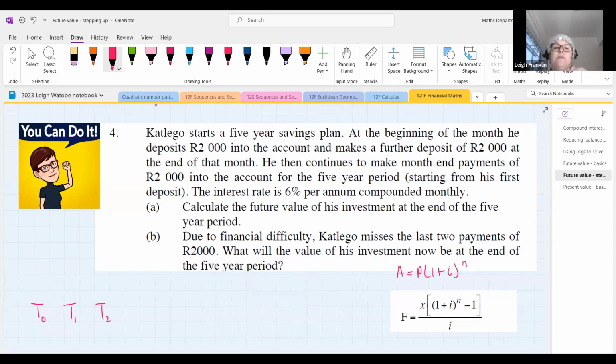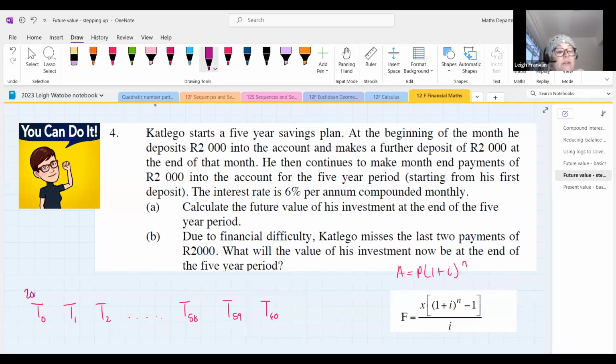It's a 5-year savings plan. And that means that if he's paying monthly, there would be 60 months in the 5 years, right? So we'd go down to T58, T59, and T60. Okay, it tells us at the beginning of the month he deposits 2,000 Rand.